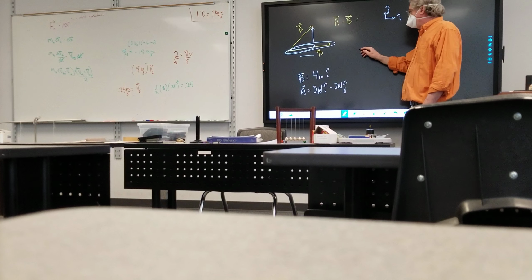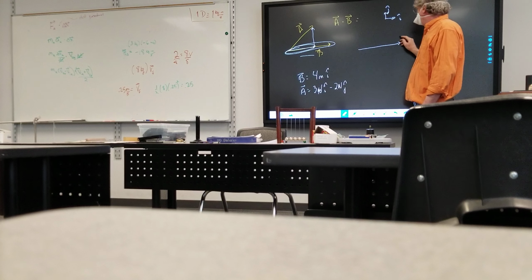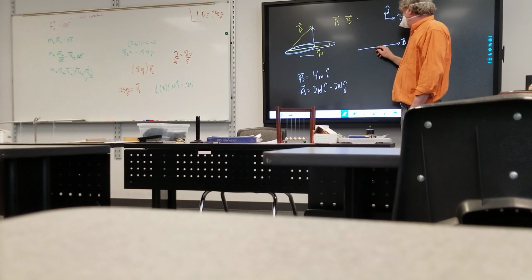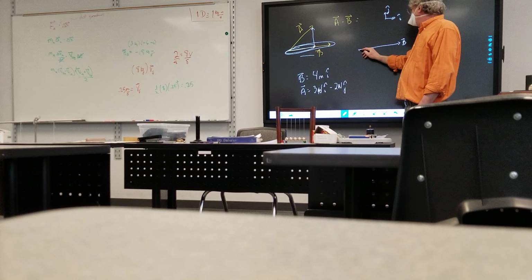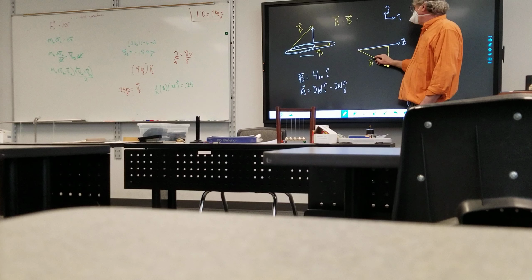So I can just sketch that out. I know that B is 4 meters in the I hat direction, so that would represent 4. That's B. And then A, I go 3 newtons in the I hat direction, and then down 2 newtons for the J hat. So A is that vector right there.